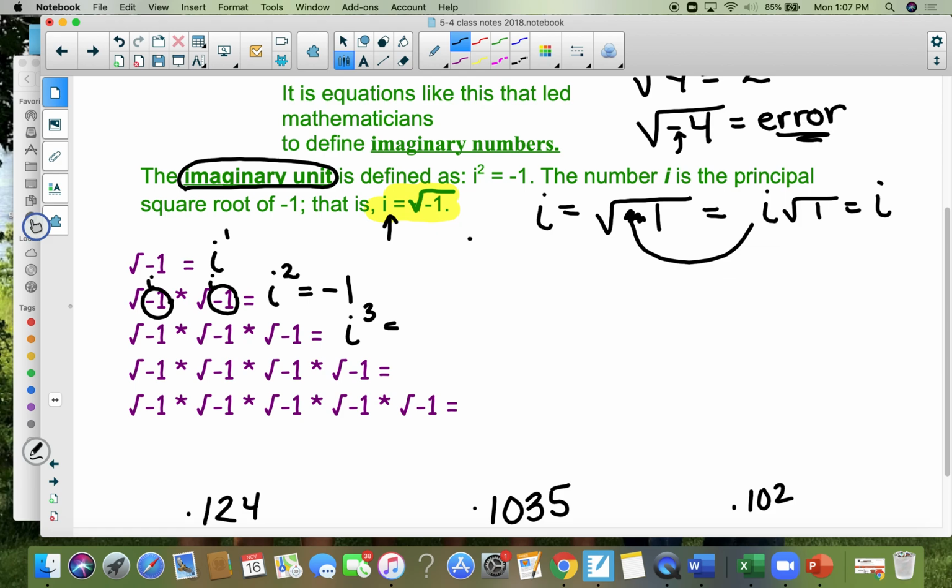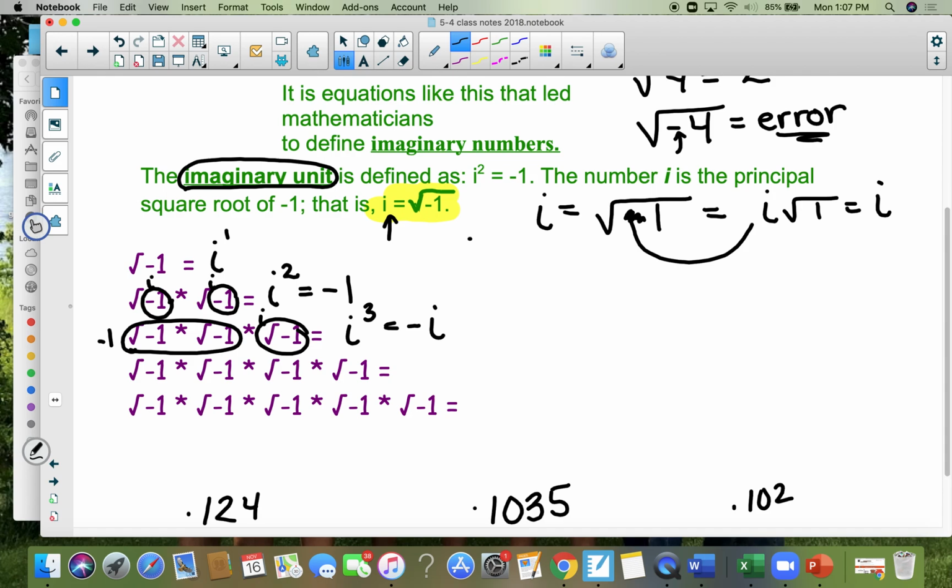But what is i to the third power? Two of them make a negative 1, and one of them makes i, so this makes a negative i.